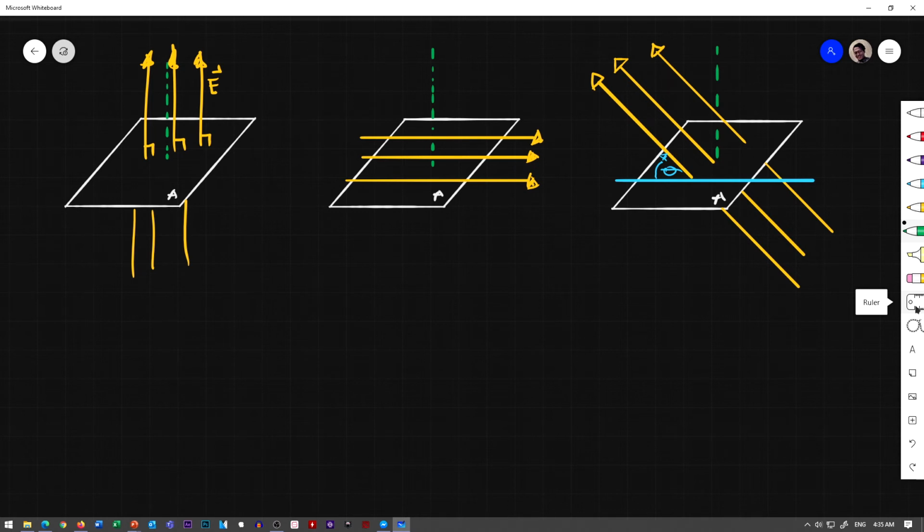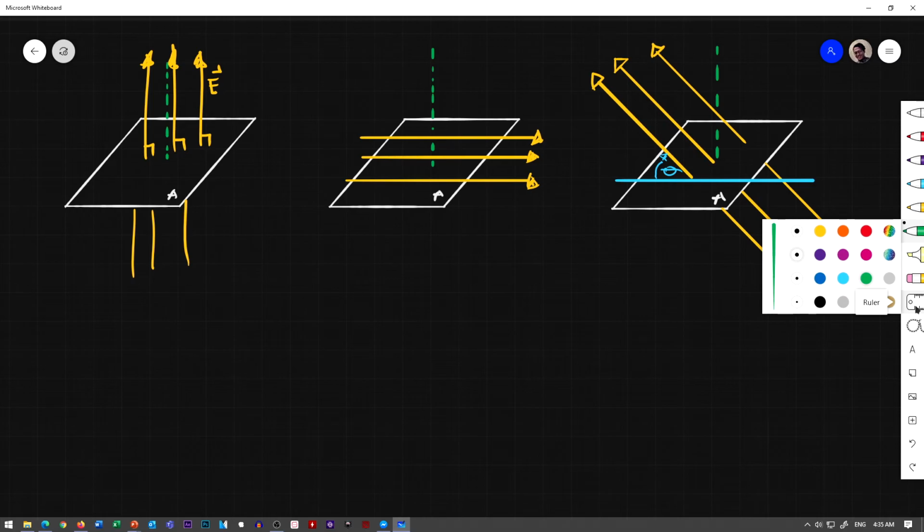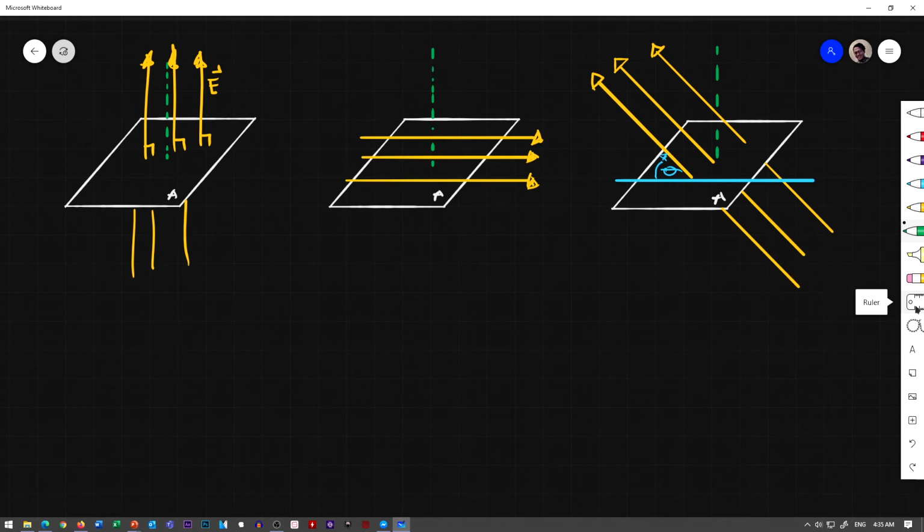Okay, so if this is your normal line, then you're going to start from that, so that's the y-axis, right, going to the terminal side of the angle, which is of course the place where the electric field is drawn. So in this case, this is your phi. Same goes for the other measurements here.